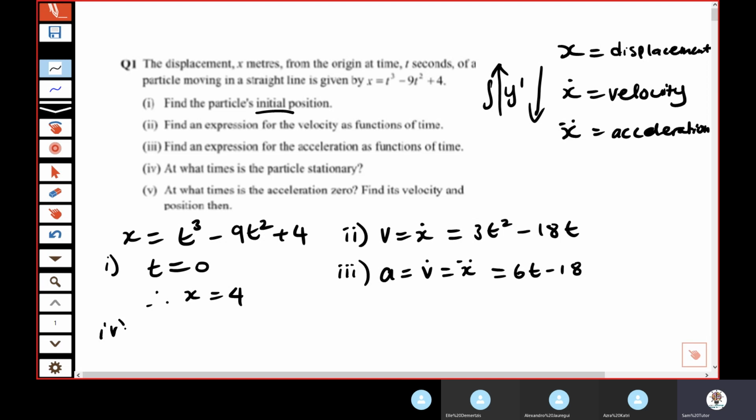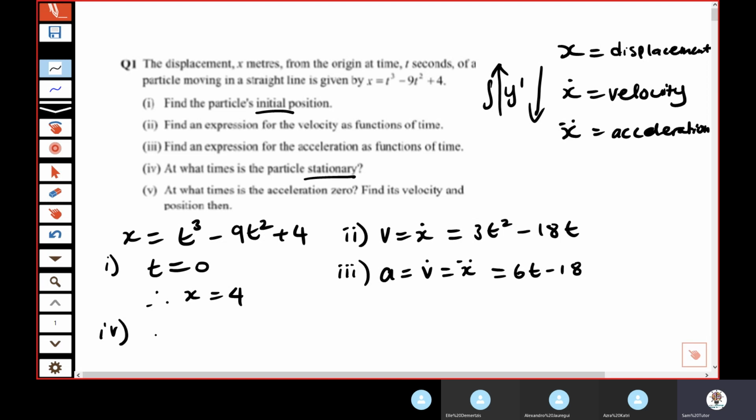Part iv. At what times is the particle stationary? When is a particle stationary? When x dot equals 0, because the first derivative is the same as x dot.